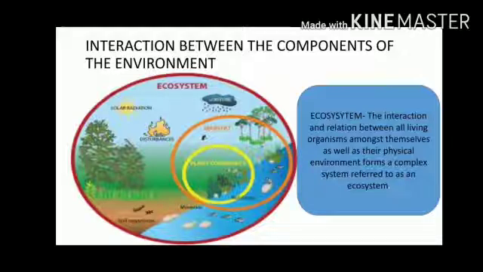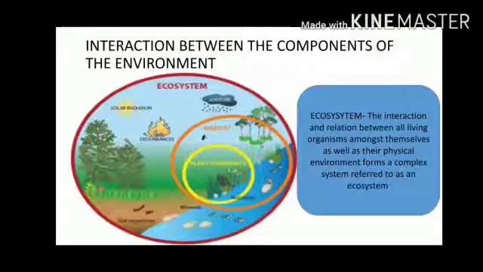Humans can survive on land only. So the relation between all living organisms, as well as the relation of these organisms with their physical environment, forms a complex system called an ecosystem. For example, a pond in itself is a complete ecosystem. A desert, a grassland, all these are examples of an ecosystem.